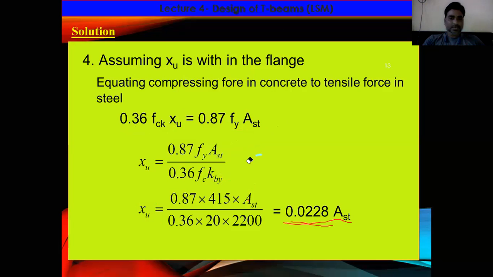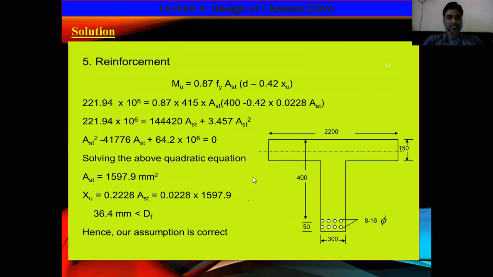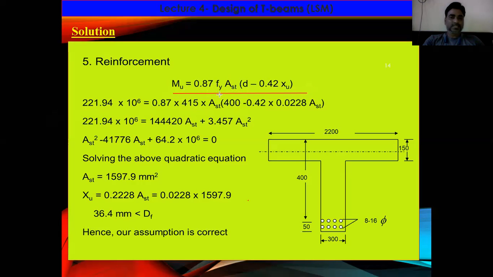This is similar to your rectangular beams. So equate the tension force into lever arm to determine the Ast. Here I am using the tension force into lever arm, that means 0.87 fy into Ast within brackets d minus 0.42 xu.